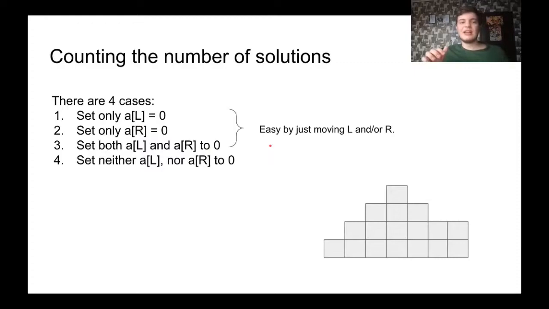Because in the first one, we just fix the left or fix the right, and we kind of get the answer. But then this means that we are double counting the third case where both of those were 0. So we can just sum the first and the second case and then subtract the third case. And this way we are basically going to get the correct DP for the first three cases.